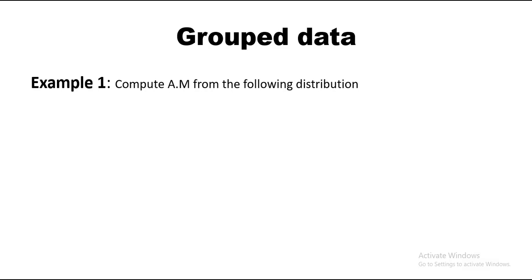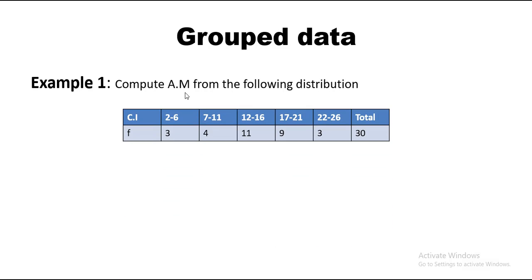So moving on to the last topic for mean, that is grouped data, how to calculate mean for grouped data. The example says compute the arithmetic mean, or sometimes we write it as AM, from the following distribution. This is the distribution given. The class interval is 2 to 6.